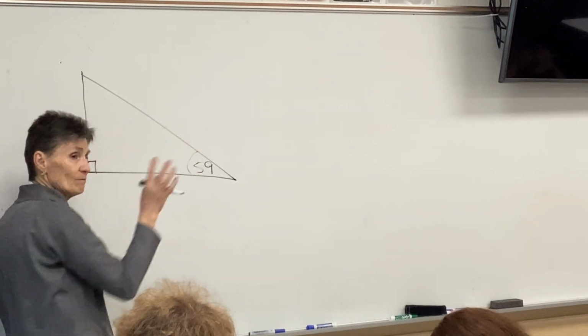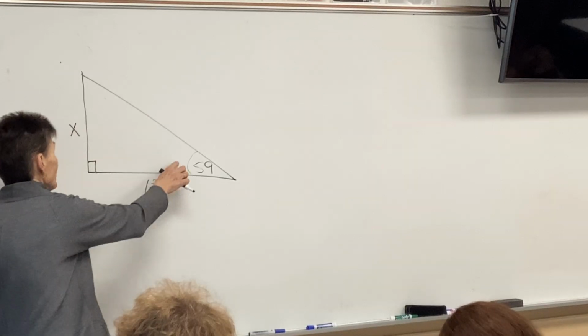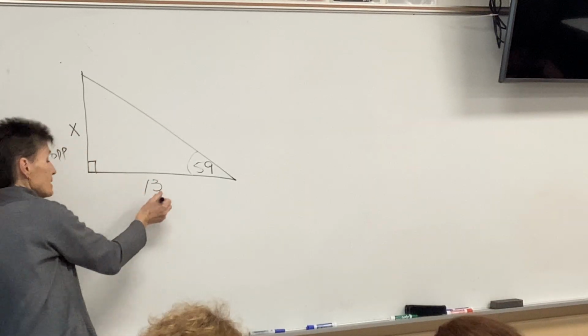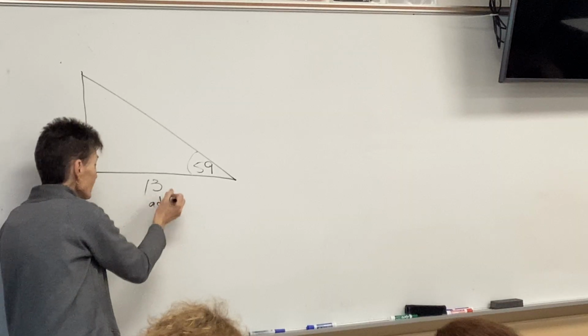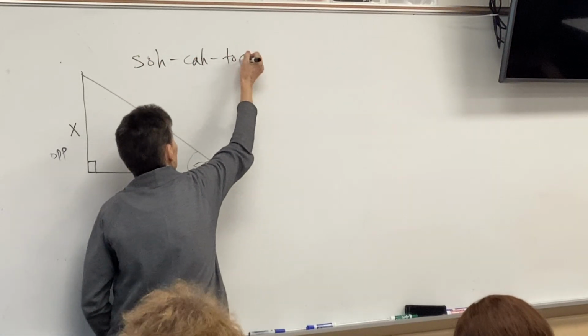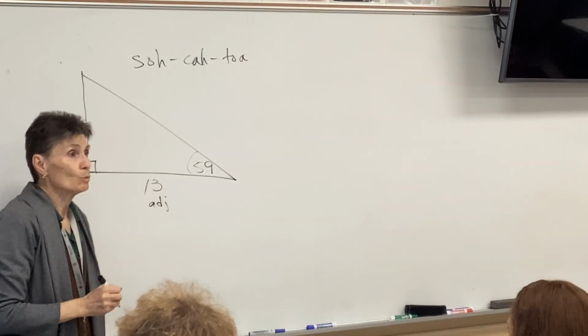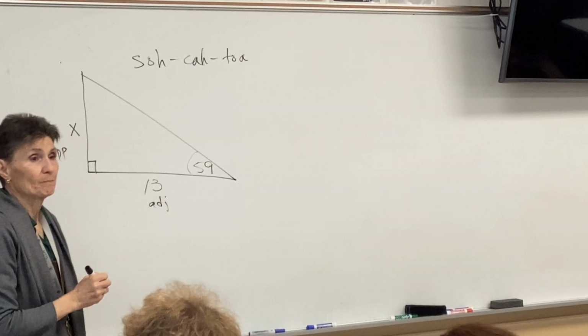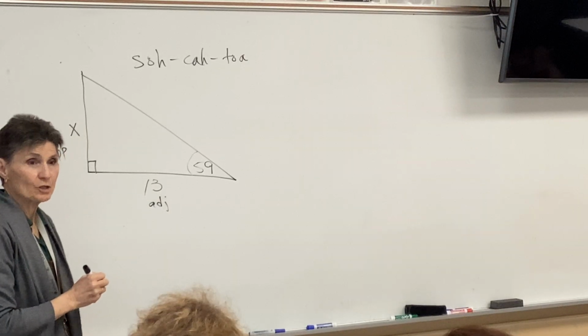This side is not involved, it's not labeled. Which side is this? Opposite. And this is adjacent. So then I remember my SOHCAHTOA, right? And which function, sine, cosine, or tangent, will I use? Tangent. Opposite and adjacent.